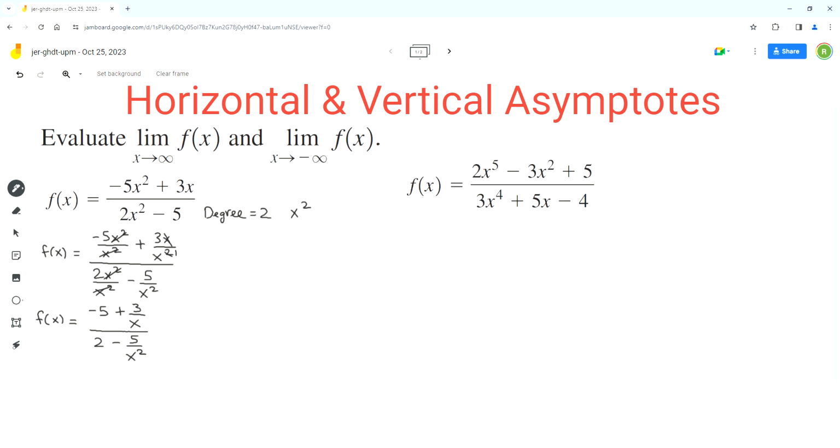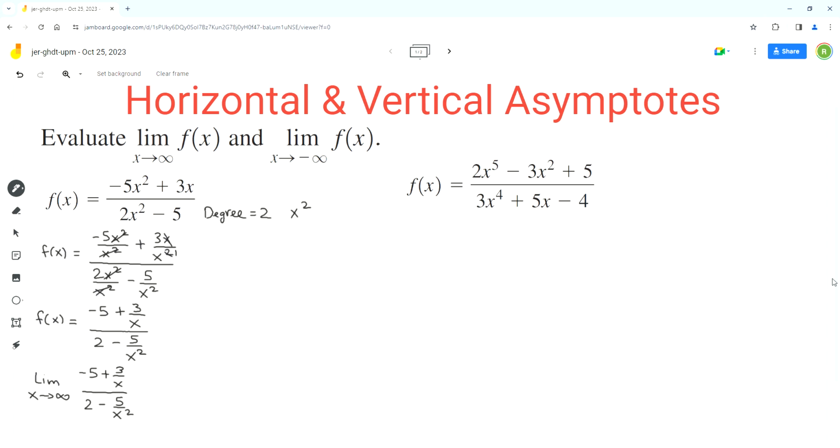Now we can evaluate the limit for this function expression. So we can write the limit as x approaches positive infinity of negative 5 plus 3 over x, over 2 minus 5 over x squared.